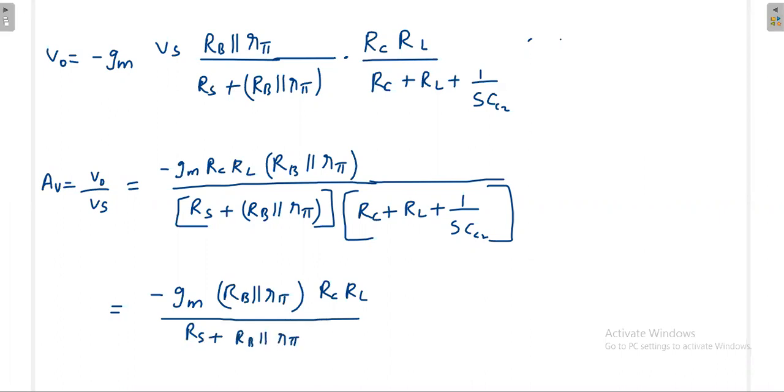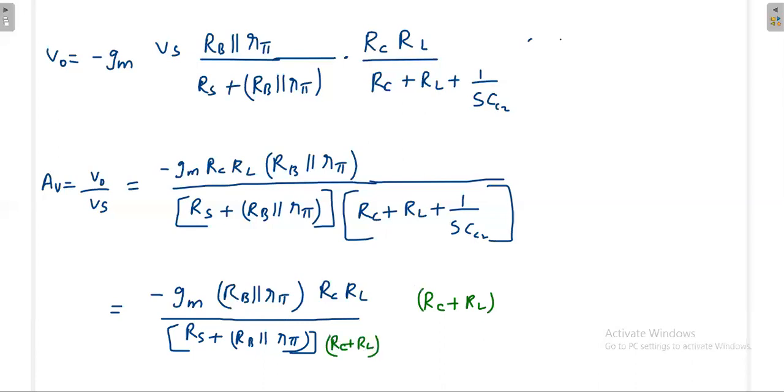Then I will multiply and divide by RC plus RL, both in numerator and denominator. In the numerator I'm adding RC plus RL, and in the denominator also I'm adding RC plus RL.